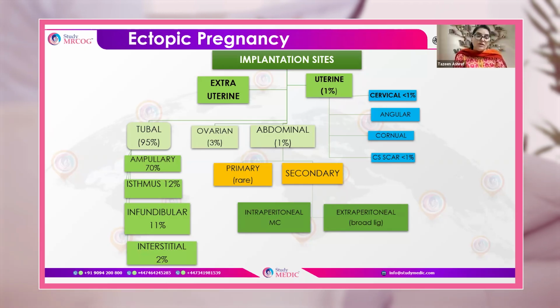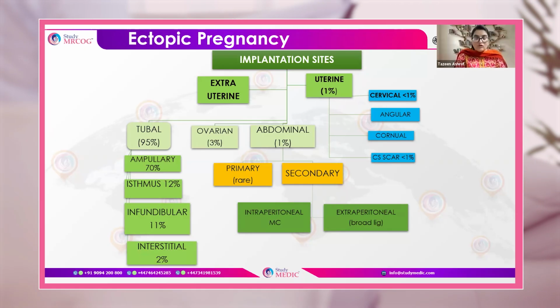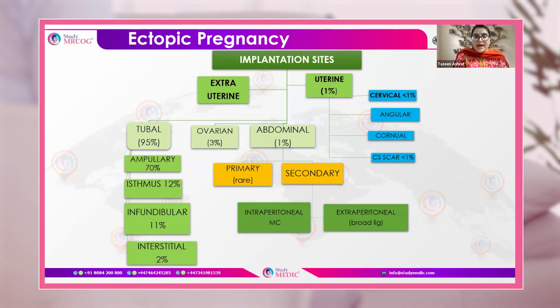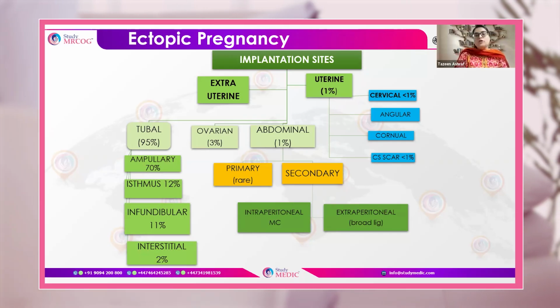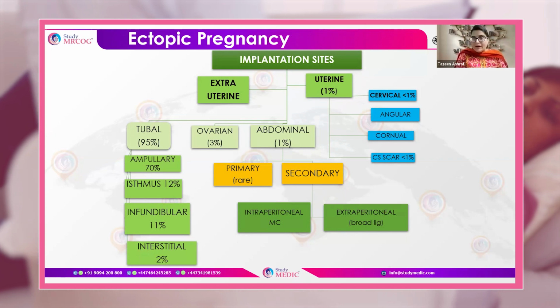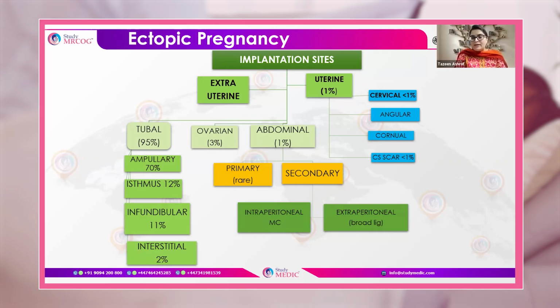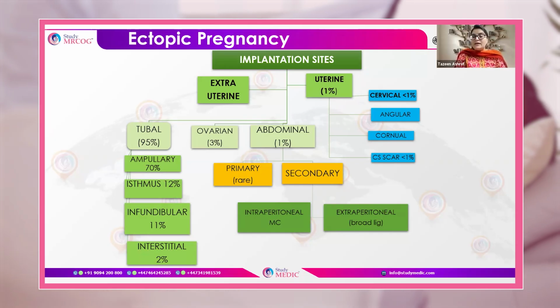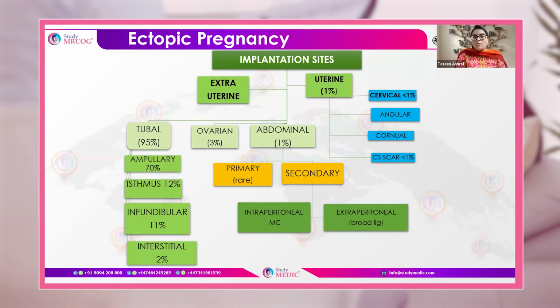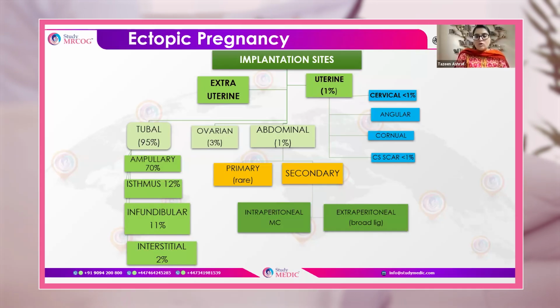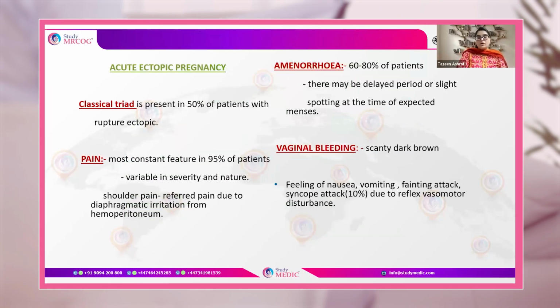That can be in the isthmic region in 12% of the cases, in the fimbrial end and interstitium in 2% of the cases. Ovarian pregnancies can also be there, and the same is the situation with abdominal pregnancy, where the pregnancy can implant inside the abdomen. So abdominal ectopic pregnancy can also be there, which you should remember.